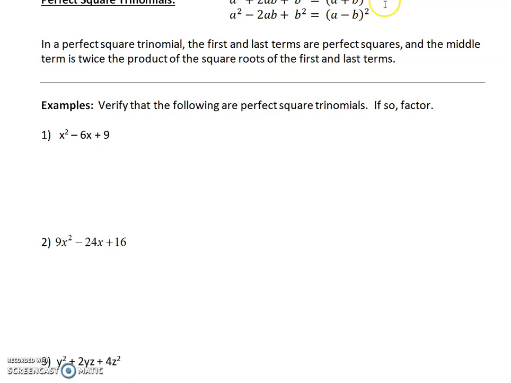So after doing the distributive property, we get something like this. And so recognize the only difference between the 2 formulas is this dictates that you have a positive in the brackets, and this one will dictate that you have a negative in the brackets. Other than that, both formulas look almost exactly the same. So you need to be able to recognize which one you have.